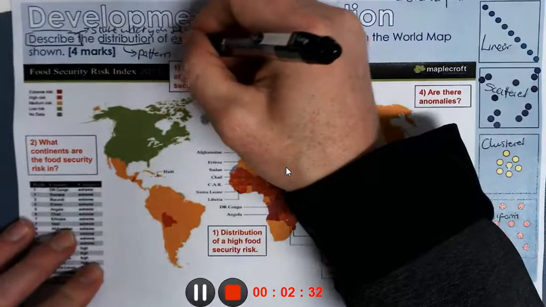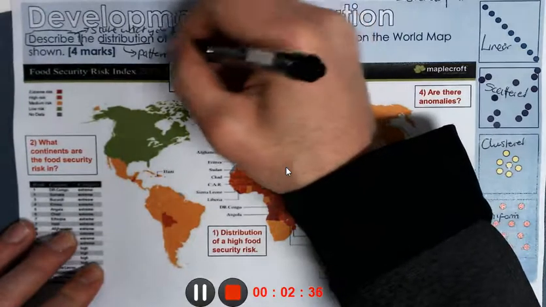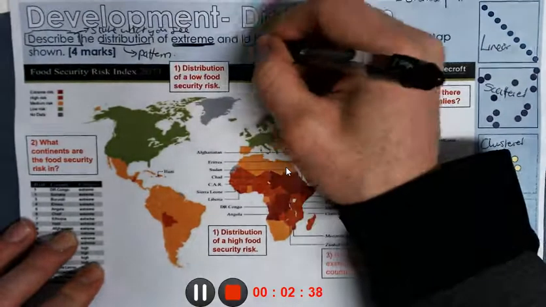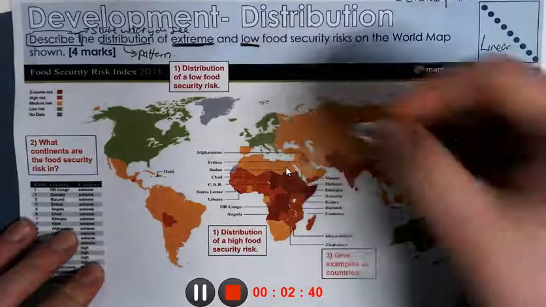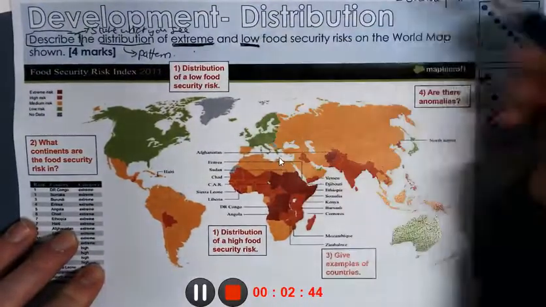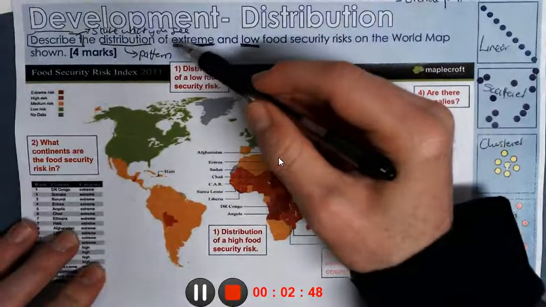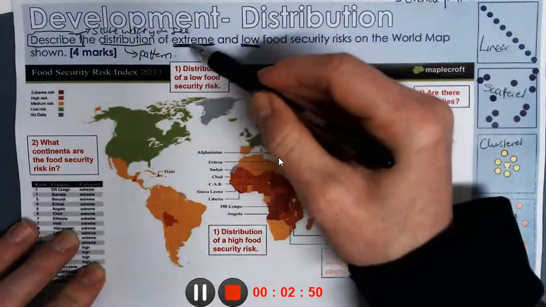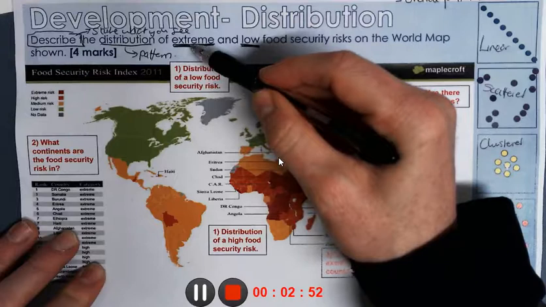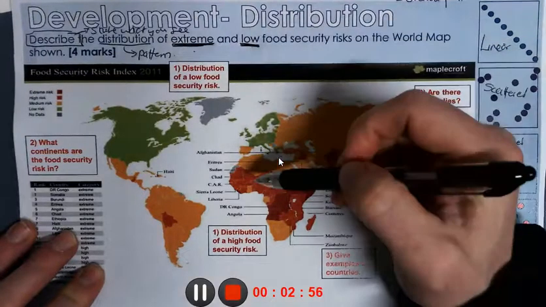When you are underlining, you need to double underline this and double underline this. It's asking for two things, extreme and low. So when we're using our general comment, we are going to give continents for extreme food security risk and low food security risk.